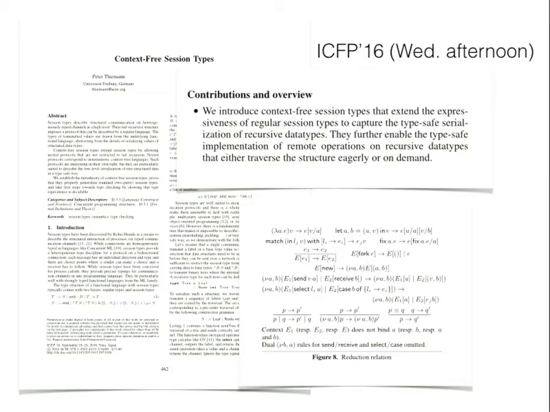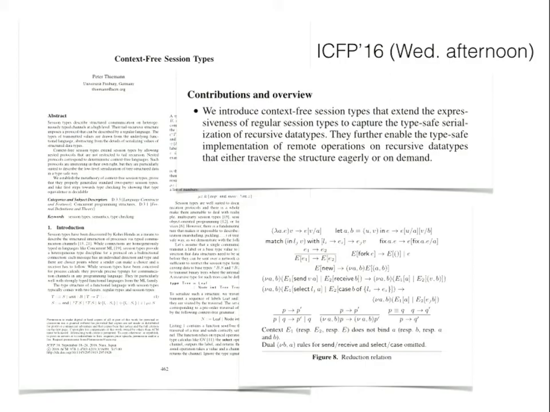Progress says that if the program is well typed, then either it's done computing or it can take a step. That figure is basically defining what it means for the program to take a step, to move along in its computation. And preservation says that it maintains its well-typedness as it computes. Those two facts together give you the type safety.